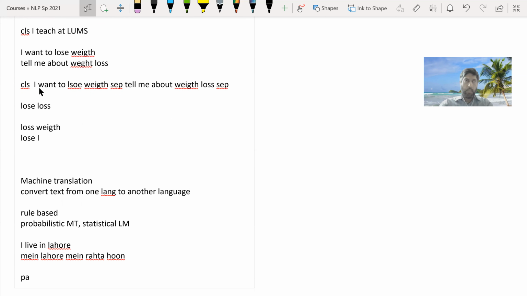Any data set that has pairs of running text in one language and the same running text in the second language is called a parallel corpus. So machine learning approaches require that you have a parallel corpus, and statistical machine translation also requires that.